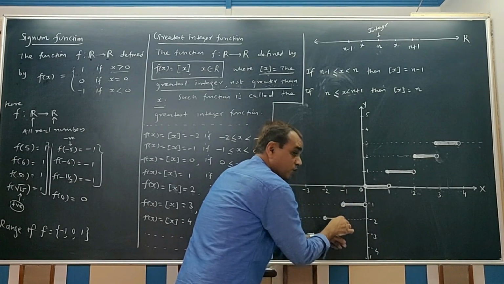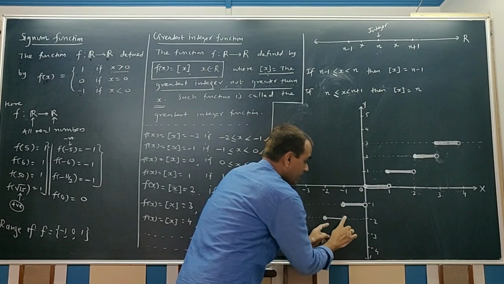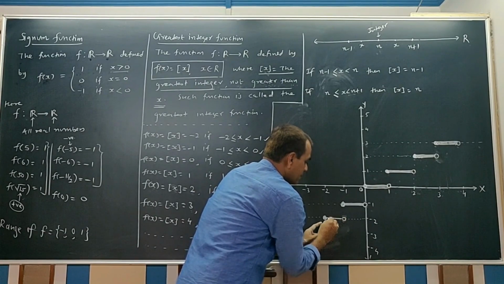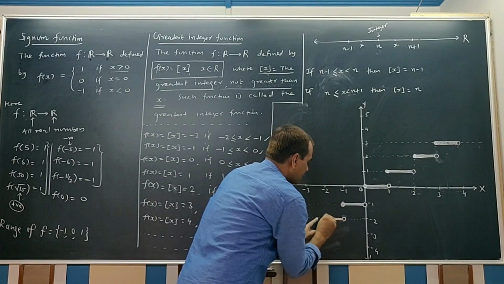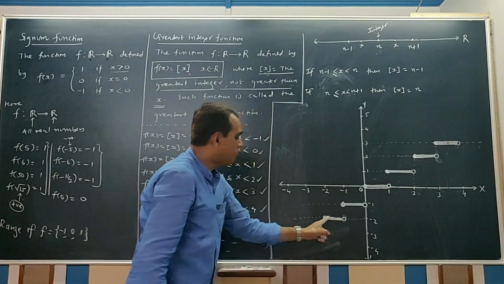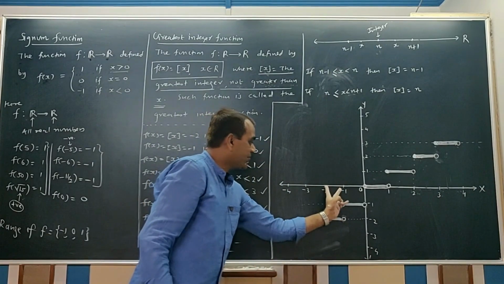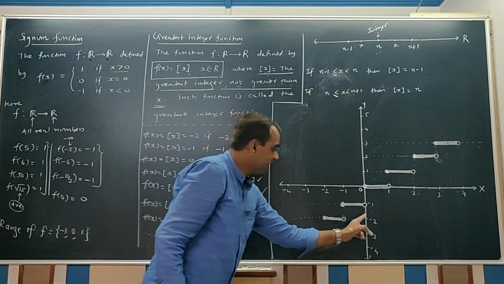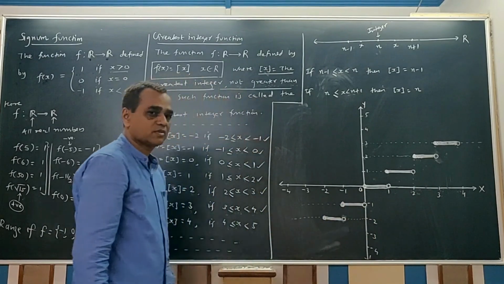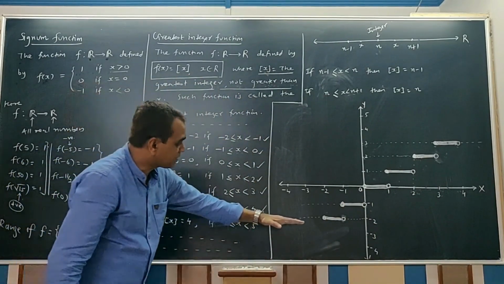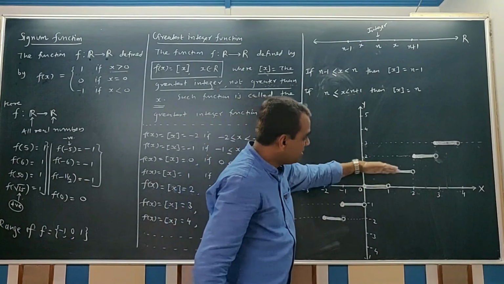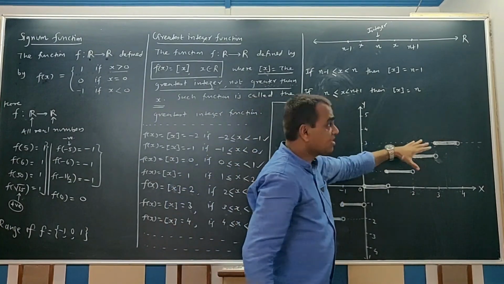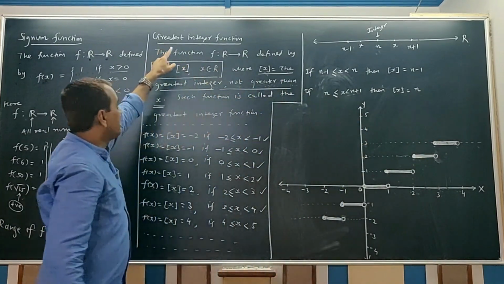Image of minus 1 is not minus 2. And all these points are points whose x coordinate is between minus 2 and minus 1. So here we are getting steps. These are steps. So this is the graph of the greatest integer function.